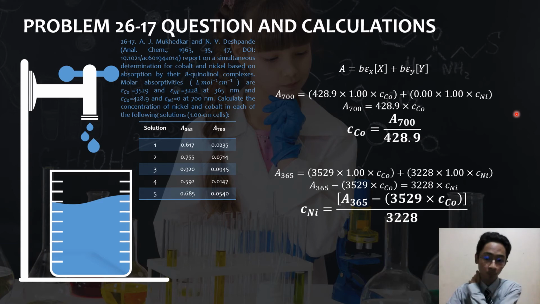First, we will be getting the formula for the concentration of cobalt and the concentration of nickel.